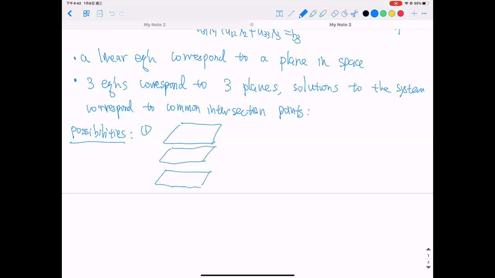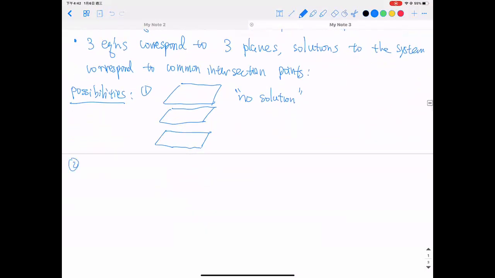They don't meet at all. And in this case, there's no solution because solutions must be common intersection points, and there are no common intersection points here.